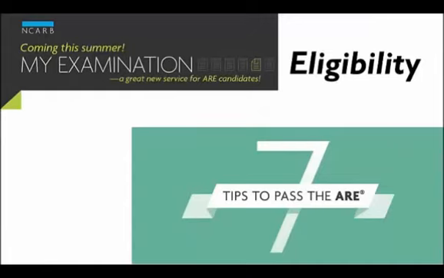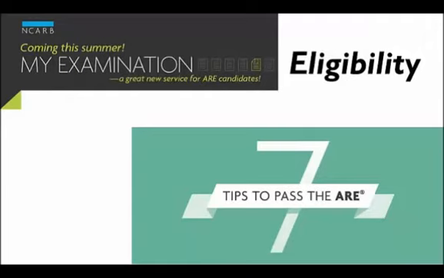So the eligibility to take the ARE, we discussed a little bit that the state board is the one who determines your eligibility, and because it's constantly changing, you want to make sure that you have all the proper documentation. You want to make sure that you can show that you have completed your degree.